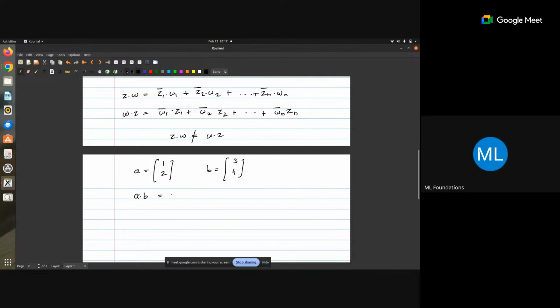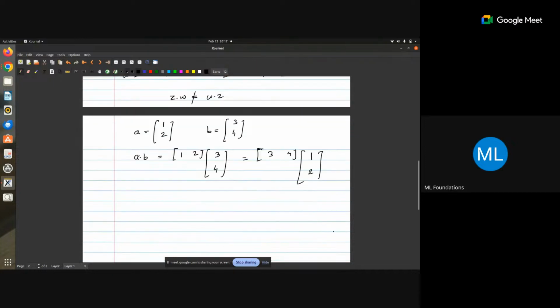A dot b will be either a transpose b or b transpose a. Let us see whether these two are the same. So what will be this value? 3 plus 8, which is 11, equal to 11, right?